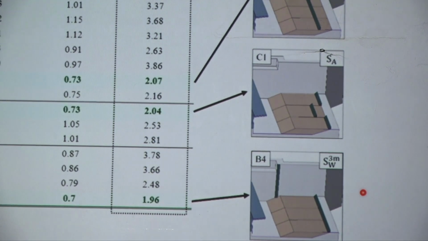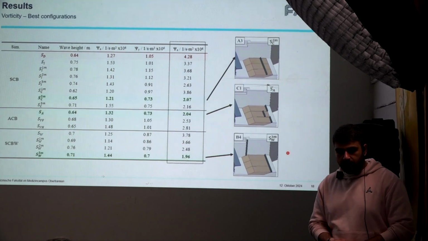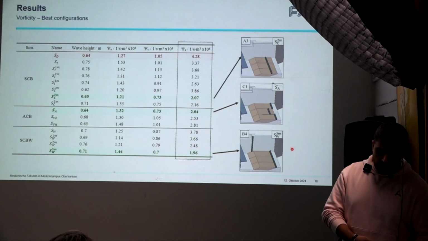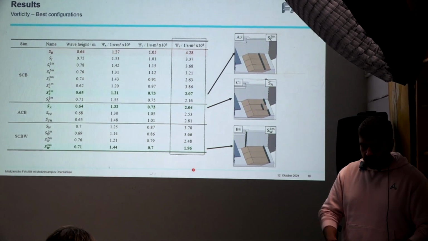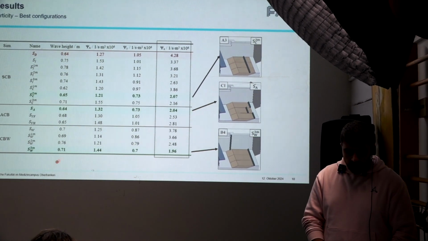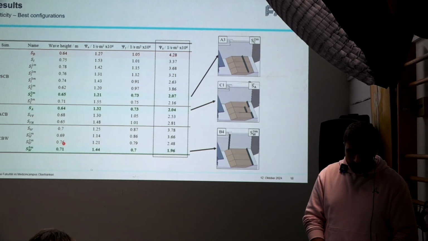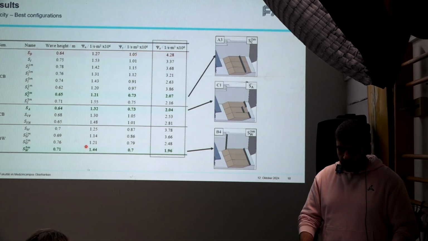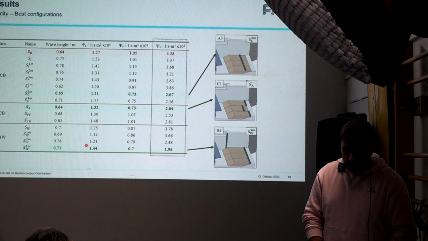And in general, the higher our wave height is, and the smaller the vorticity value is, the better for us. So one immediate observation is that the wave height is maintained or even increased across our top configurations.